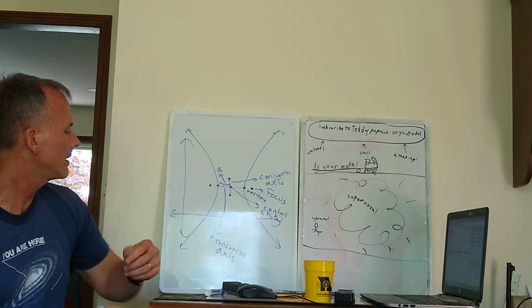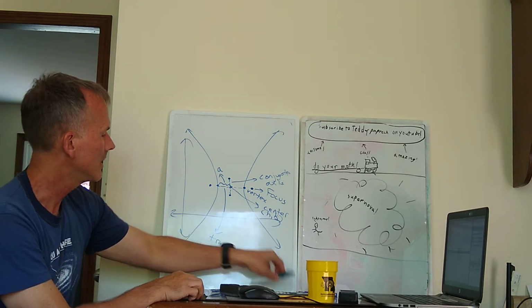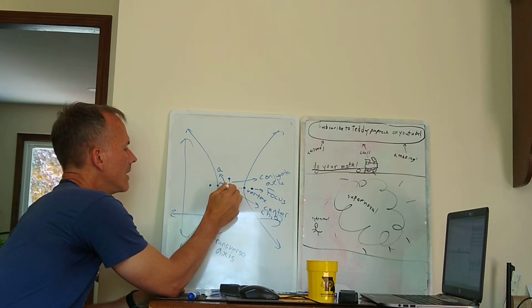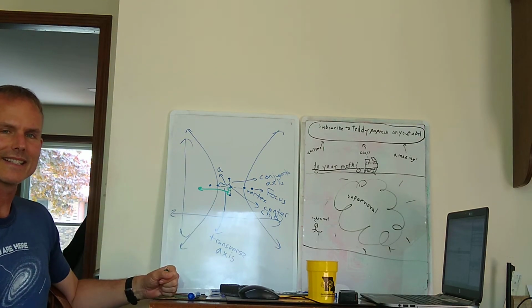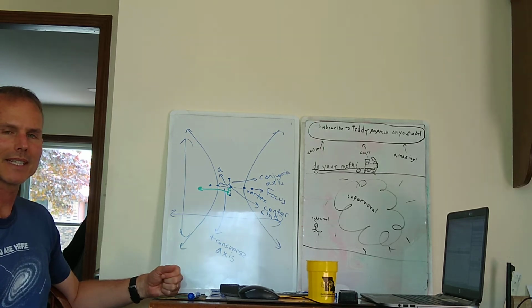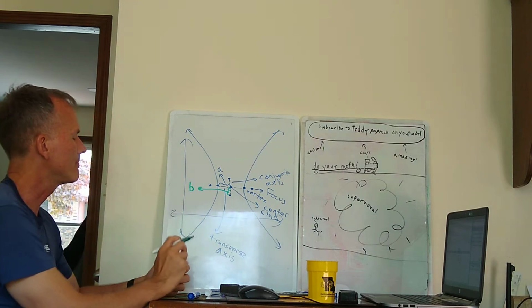Now let me get a second color here. The distance from the center to the end of the conjugate axis is denoted by a letter. You might be able to guess what letter that is. It's denoted by a lowercase b.